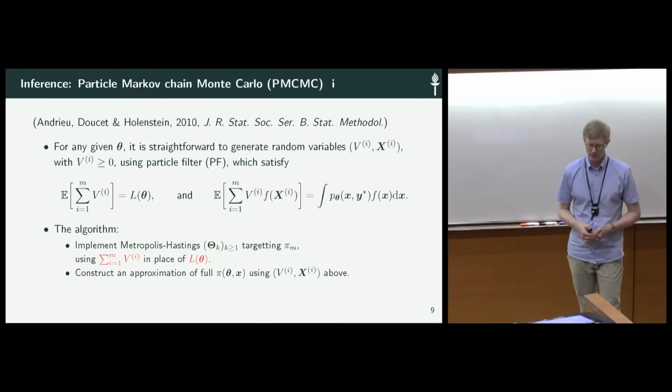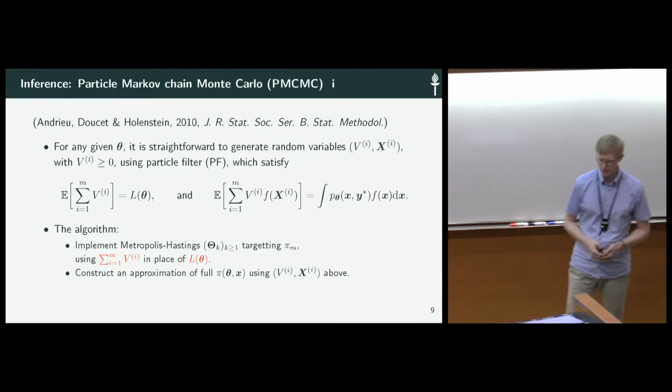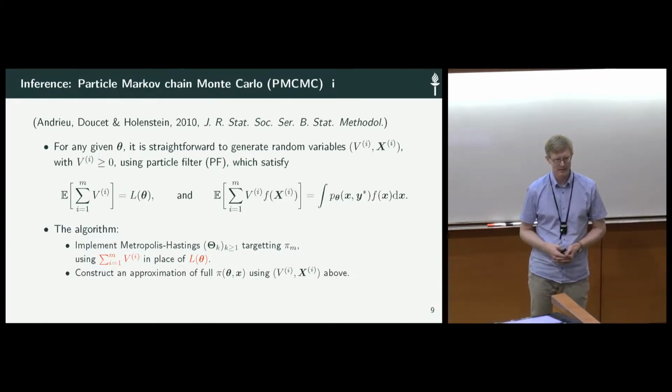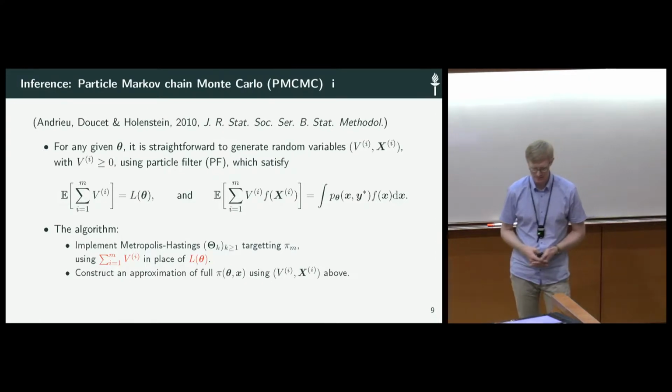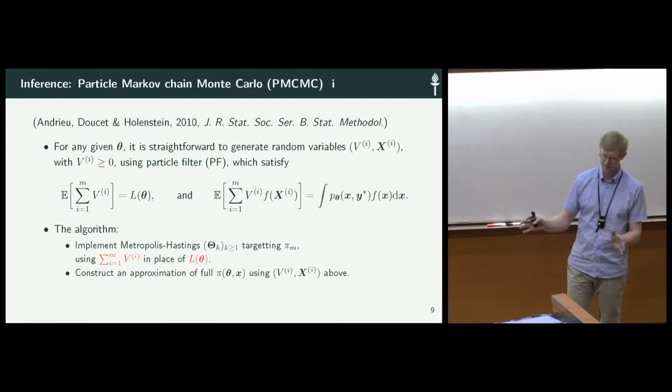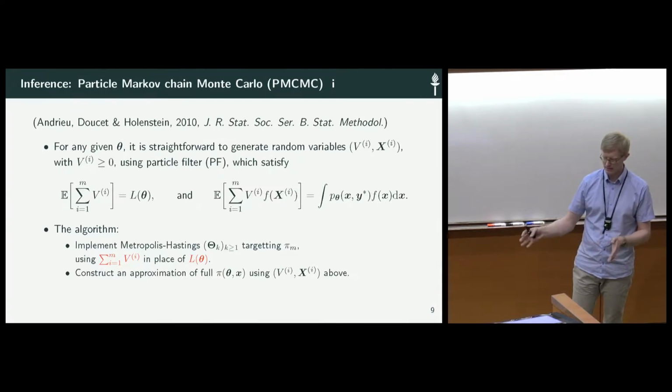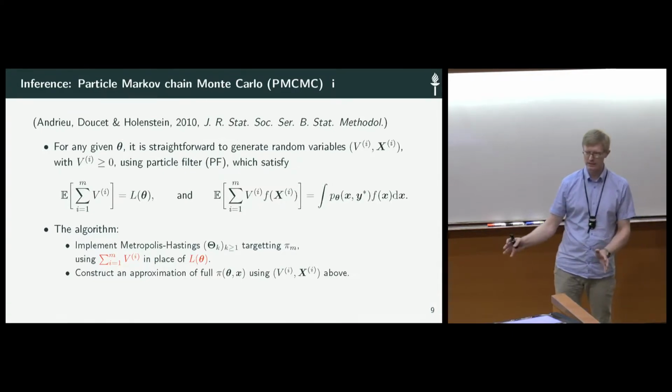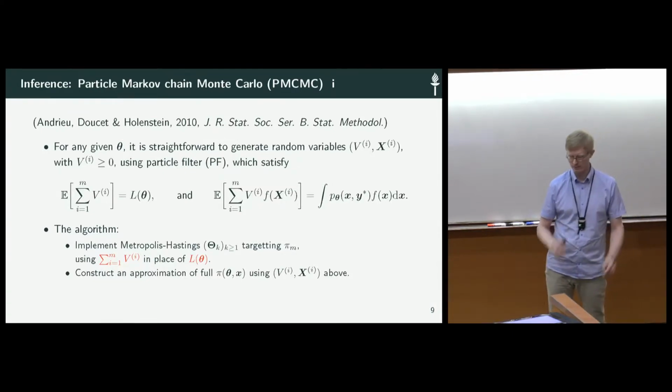So I don't want to go into details. Those who know the particle filter know how to calculate these variables that I refer to here. Basically, the particle filter is a simple Monte Carlo algorithm, and as a side product, you get a lot of variables out of that.